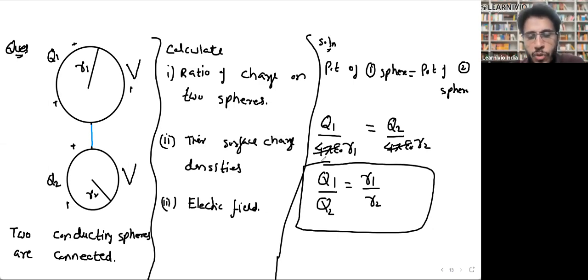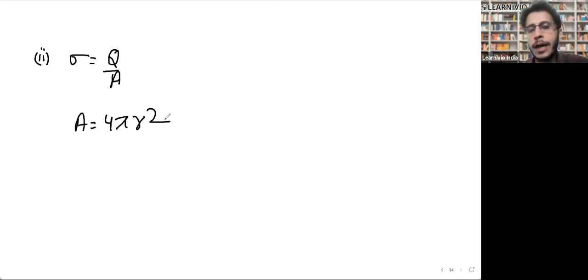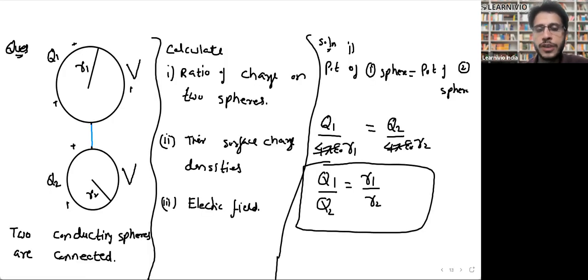Now you need to solve the second and third parts. I'm writing the formula in case you forgot it. Surface charge density is charge upon area. The area of a sphere is 4 pi r square. Get the ratio of sigma 1 by sigma 2.